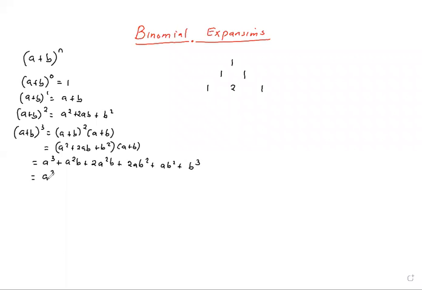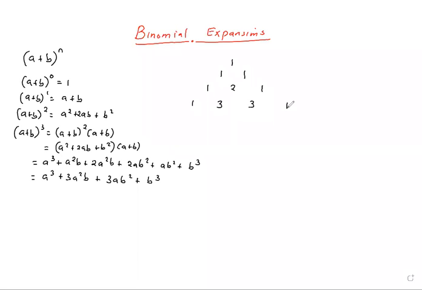So we have A cubed, which is alone, but A squared B plus 2A squared B we can add and get 3A squared B, plus 2AB squared plus AB squared, we're getting 3AB squared, and then plus B cubed.